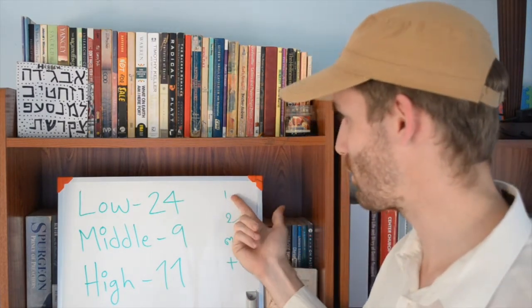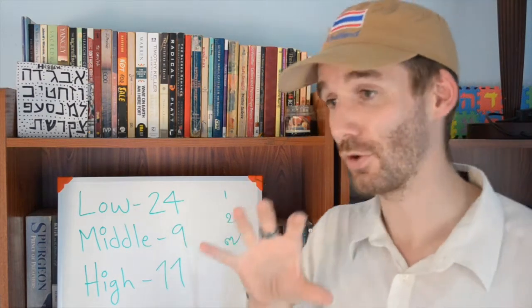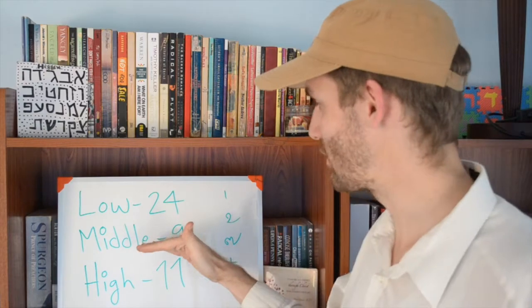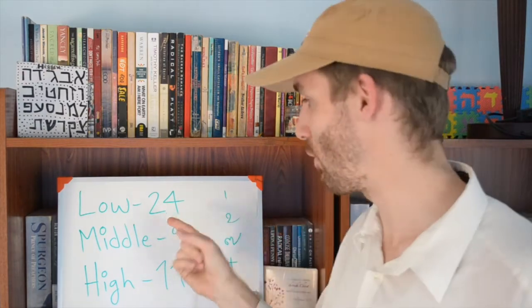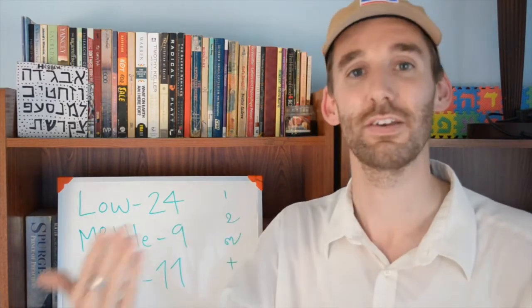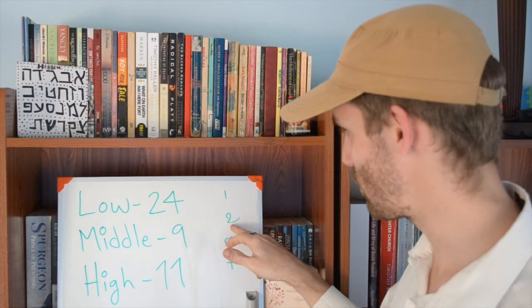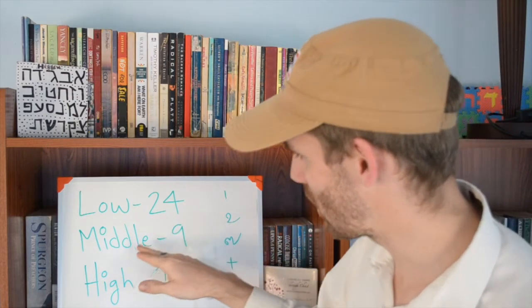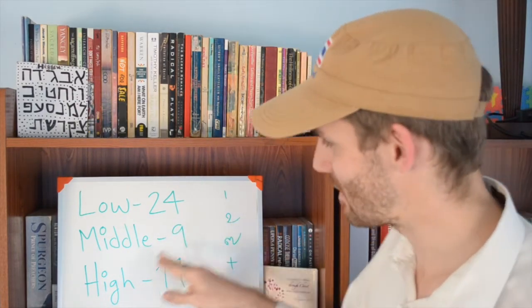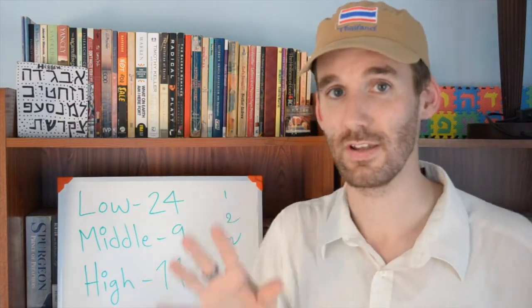Okay, but here's a little tricky thing. Say you have Mai Ek, this one right here. When it hits a middle class consonant syllable, it's going to make a certain sound. But when it hits a low class consonant symbol, it's going to make a different sound, or I should say, a different tone. Okay. Now there is some overlap. So for instance, like this one here, when it hits a middle class consonant syllable and when it hits a high class consonant symbol, the tone is going to go the same direction.